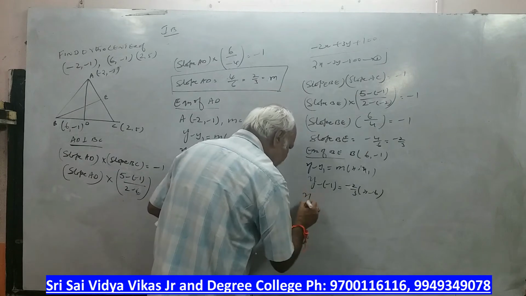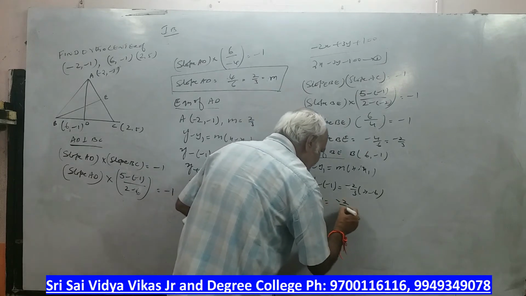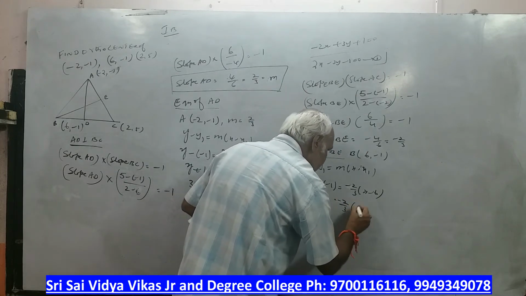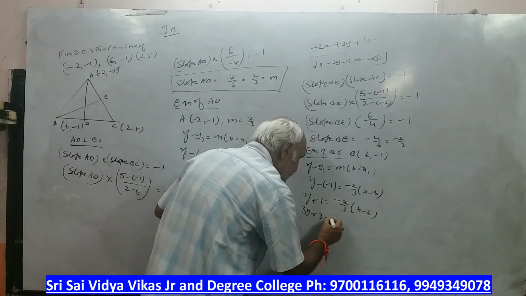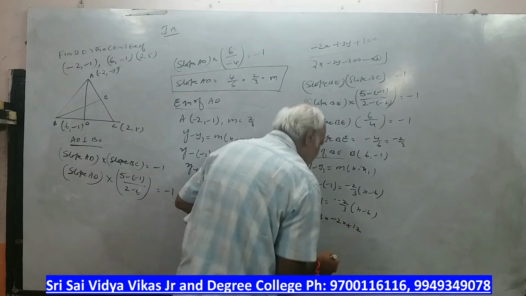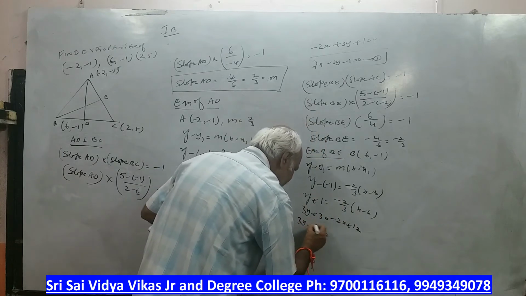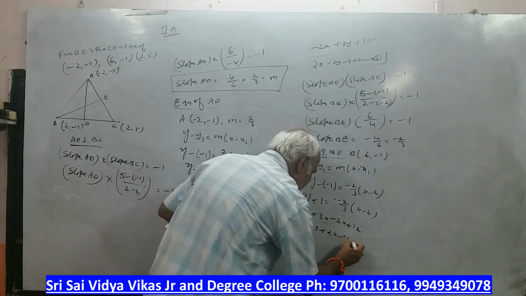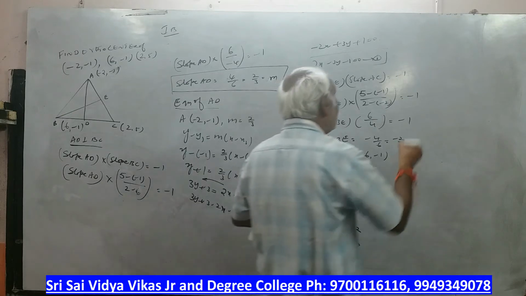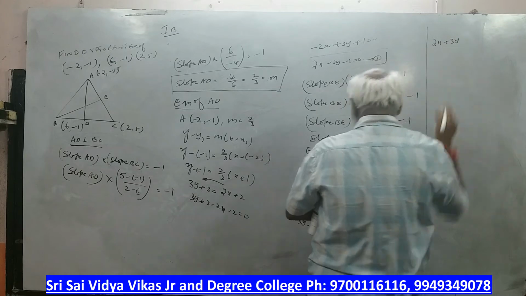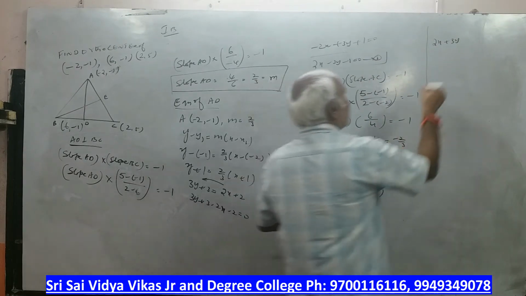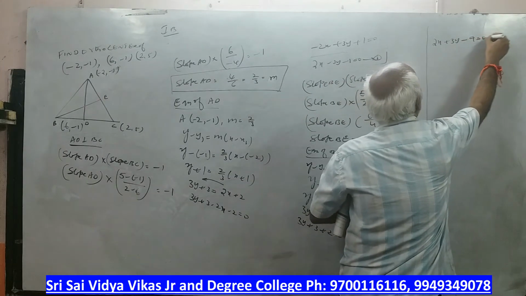Cross multiplication, y plus 1 is equal to minus 2 by 3 into x minus 6, cross multiplication, plus 12. Bring the term this side, is equal to 0. So what will happen? 2x plus 3y, 3 minus 12, minus 9 is equal to 0.